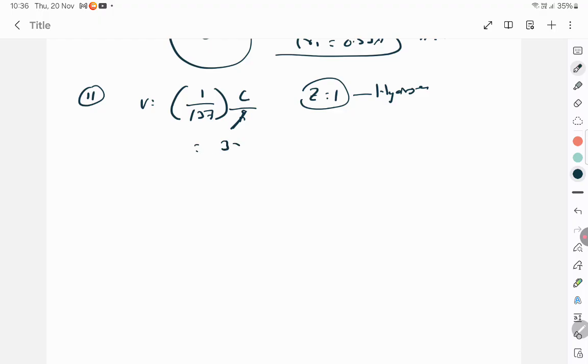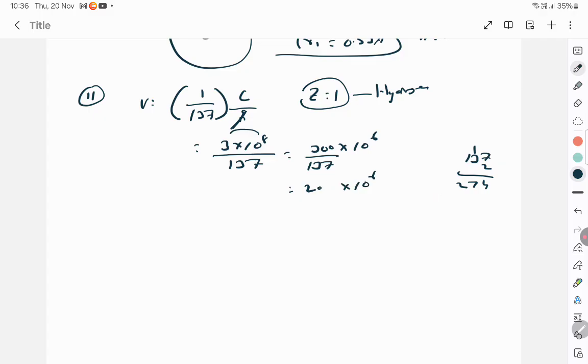You get 3 into 10 to the power 8 by 137, which should give you your velocity. For finding the velocity, take 300 into 10 to the power 6 by 137. So 137 into 2 is 274. So it's 2 point something into 10 to the power 6. So it's correct. So 2.2.